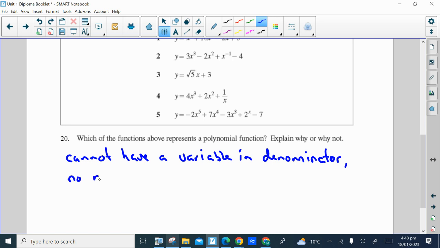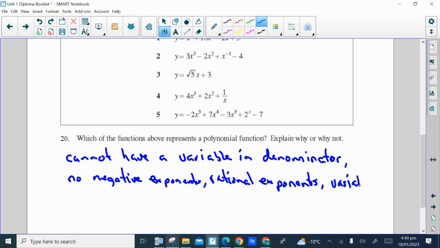Cannot be any negative exponents, rational exponents, or variable exponents. So basically your exponents have to be natural numbers.